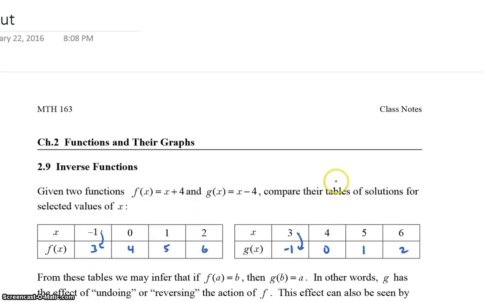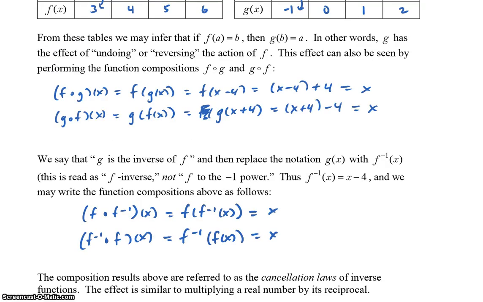For example, if I take 2 and I multiply it by its reciprocal, 1/2, we would say 2 and 1/2 cancel, leaving us with the number 1.